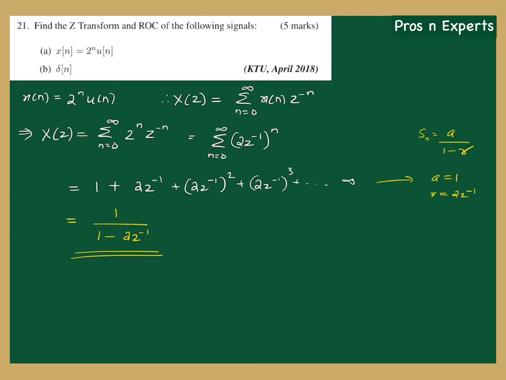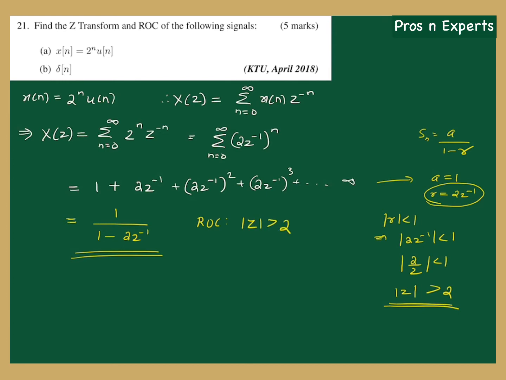Here the modulus of r is 2z inverse, right? So modulus of r less than 1 means mod 2z inverse is less than 1. That means mod 2 by z is less than 1, or mod z is greater than 2. That's what we get from this inequality. So ROC is mod z greater than 2.